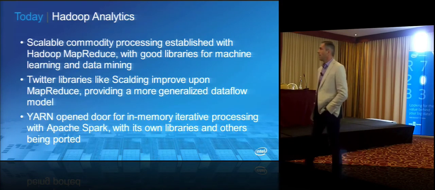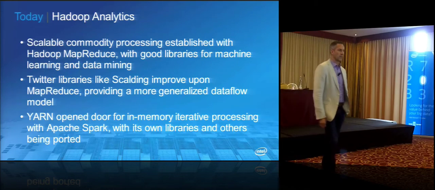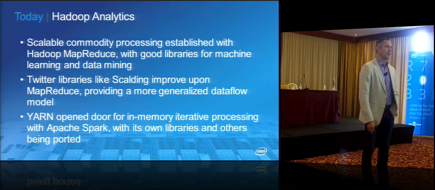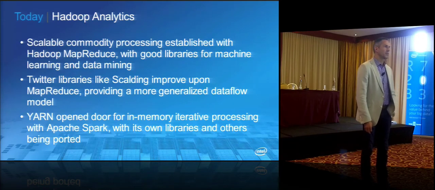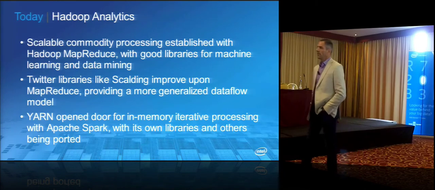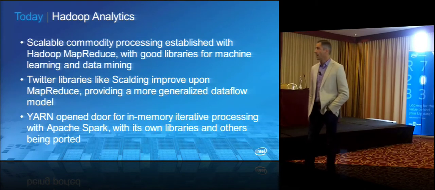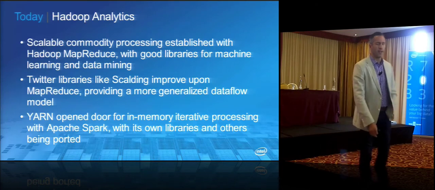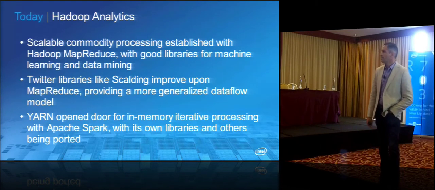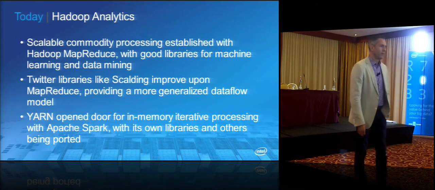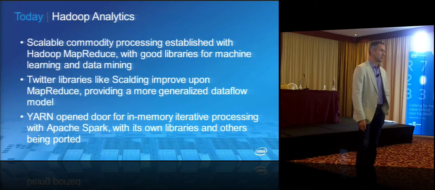That's great for advanced analytics because there are excellent machine learning libraries like Mahout and other projects that allow you to grab other people's code and do great things with Hadoop, machine learning, and data mining. Also, Twitter has come up with a really interesting library, Scalding, that allows you to generalize data workflows and specify the way results are combined across machines in a much more flexible manner.